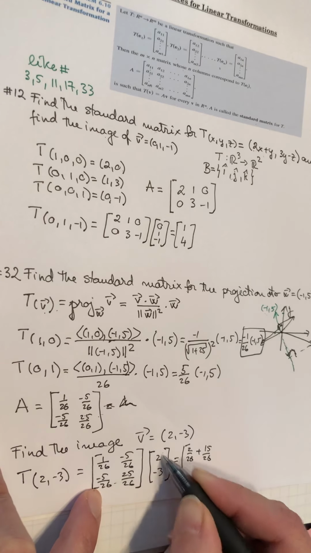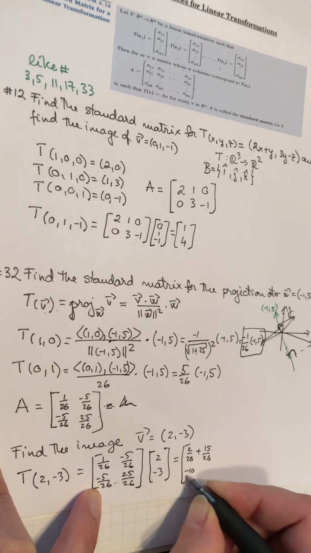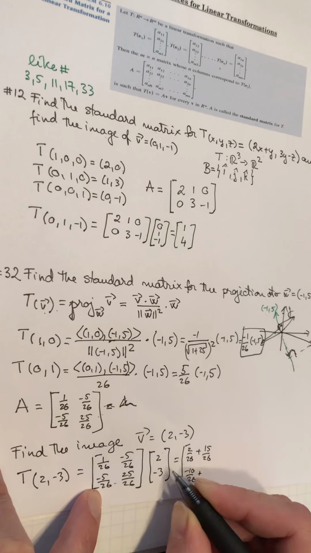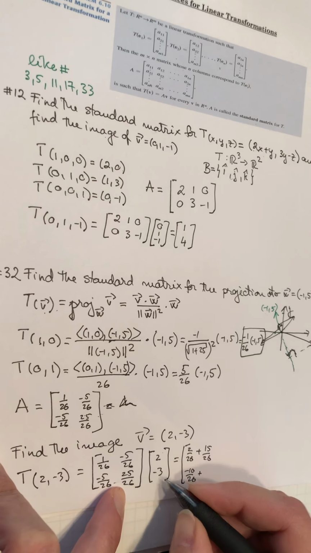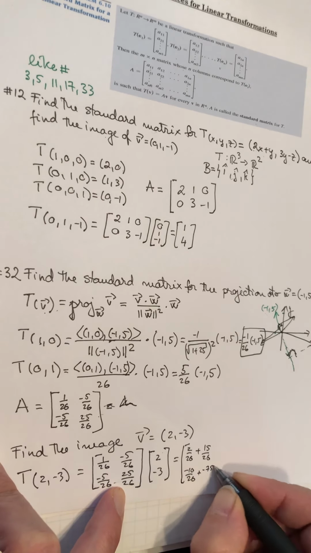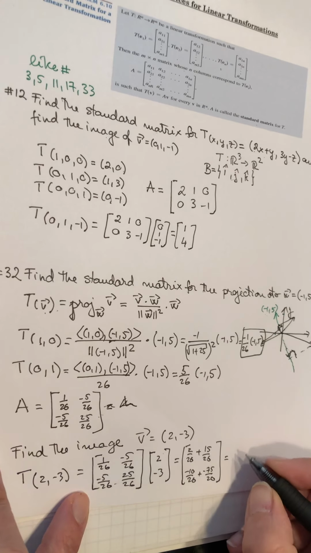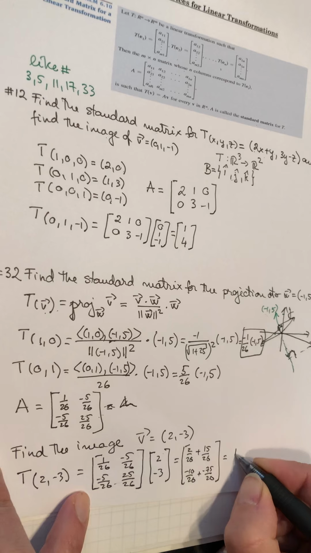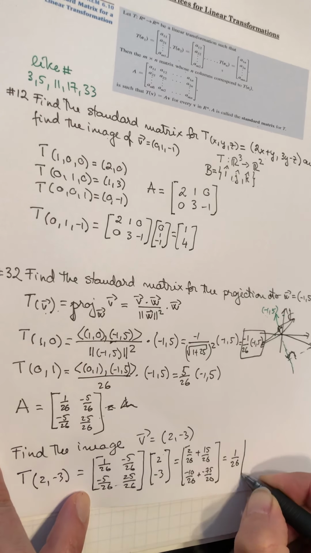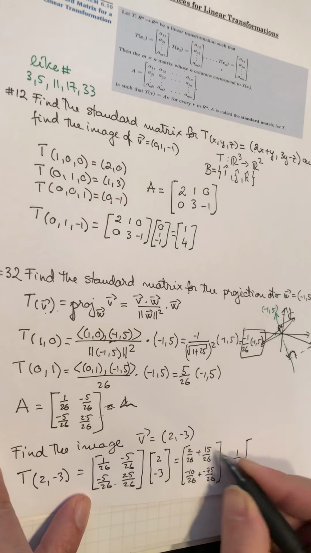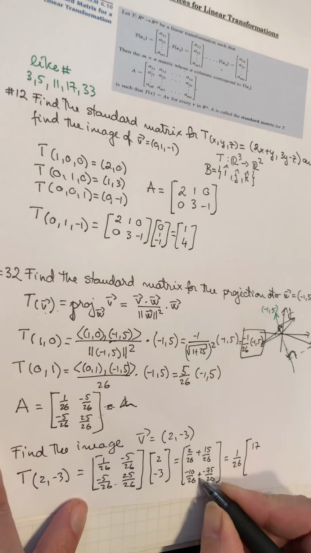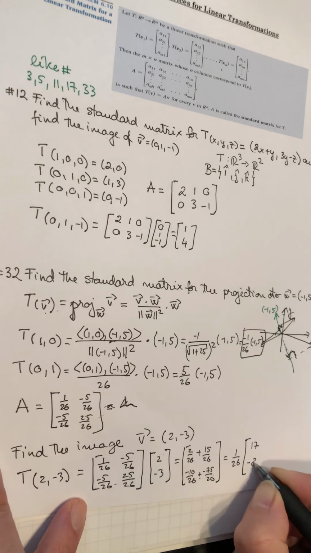And then the second row: -10/26 plus -75/26. So we end up, in fact, with 1/26 times 17, and this is going to be -85.